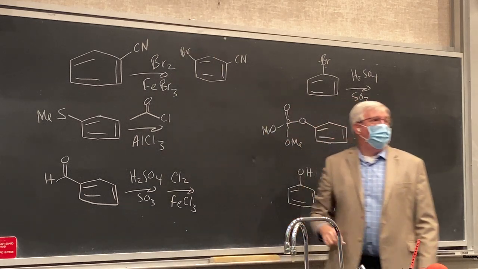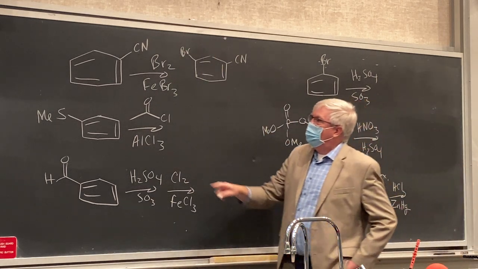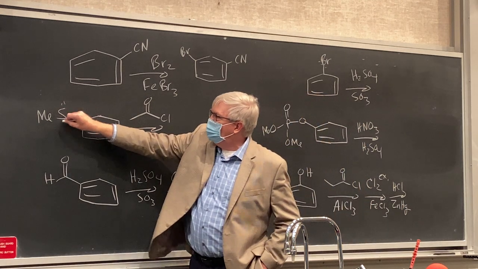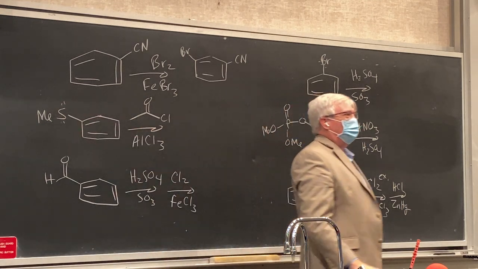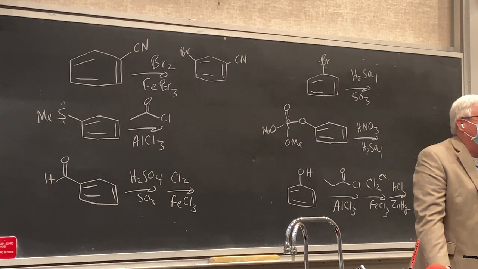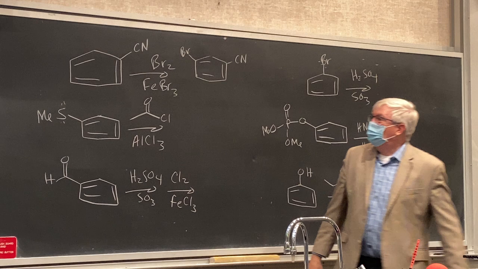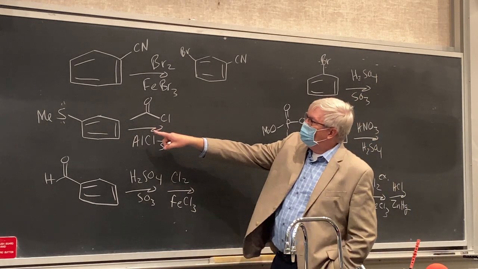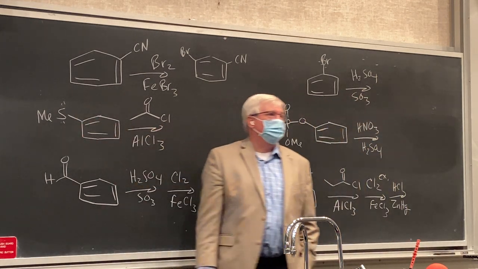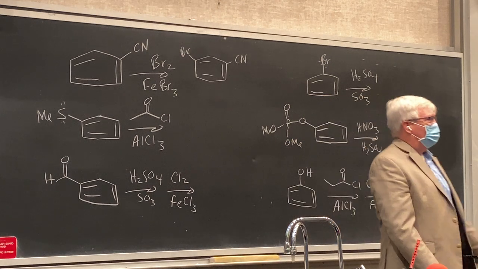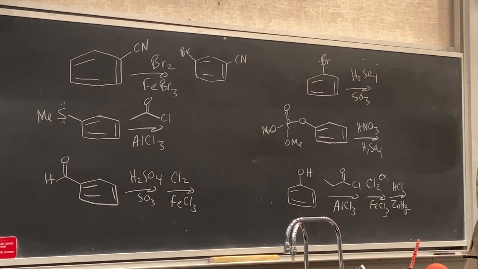Okay. Yep. And then we've got the sulfide. Now, what's on sulfur? It's isoelectronic with oxygen, right? Right below oxygen on the periodic table. So what do we say here? Well, these lone pairs can do what then? Is it an ortho-para director, a donor, or what's wrong?